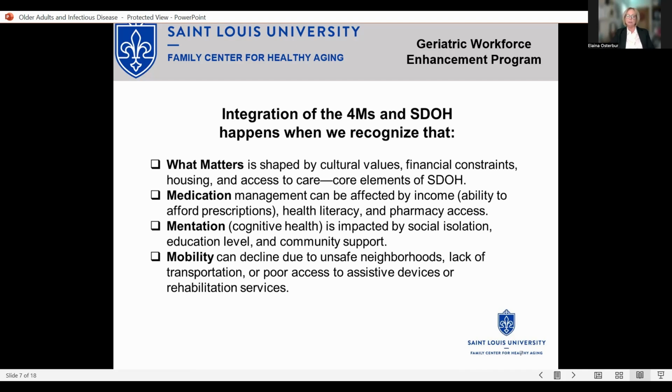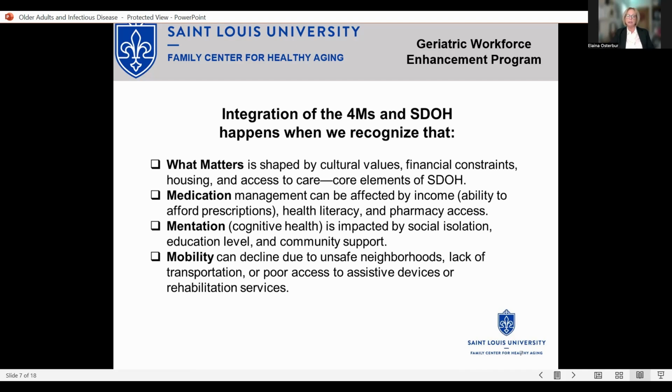Medication management can be affected by income and the ability to afford prescriptions, as well as having the health literacy to understand medication management and also having pharmacy access. Many older adults skip doses or do not fill prescriptions due to high out-of-pocket costs.